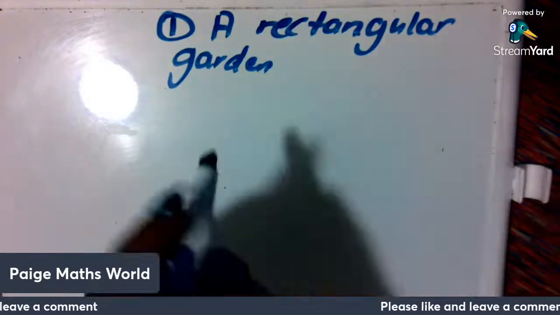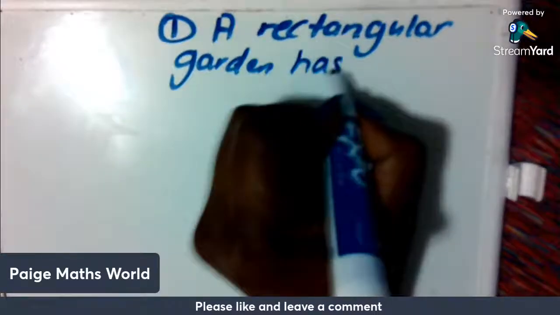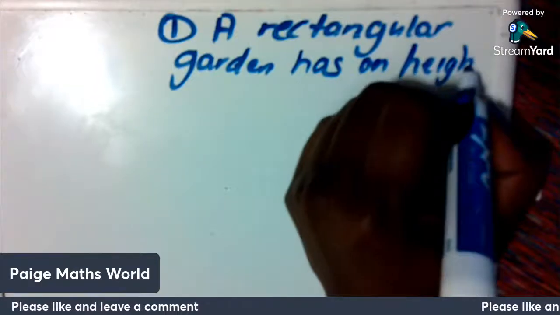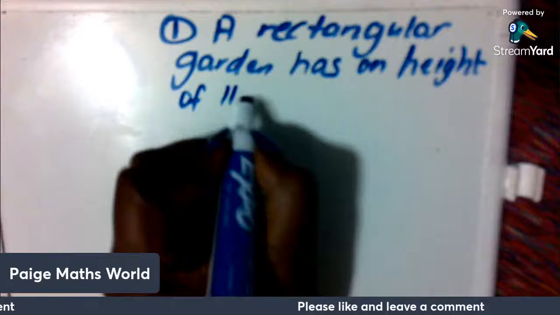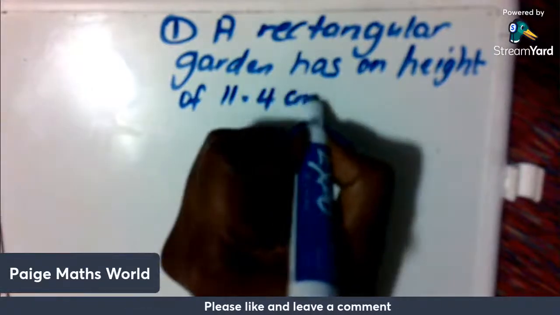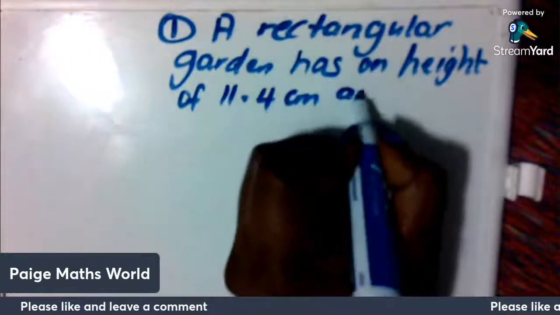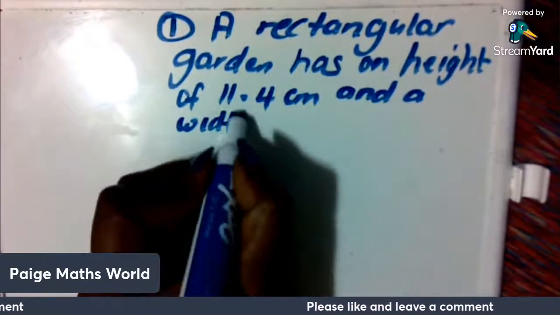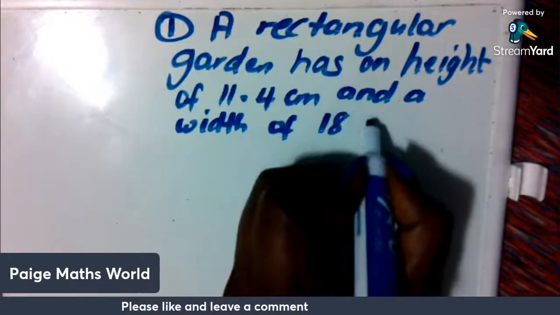Yeah, the troublemaker. A rectangular garden has a height of 11.4 centimeters and a width of 18 centimeters.